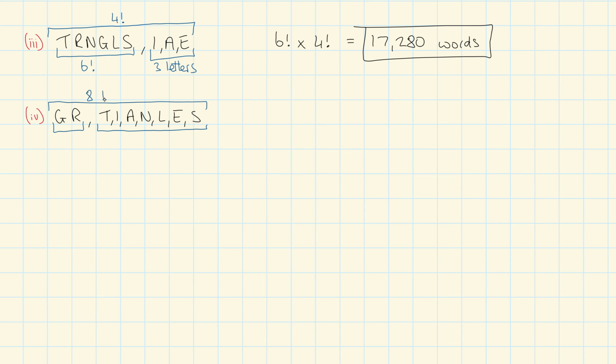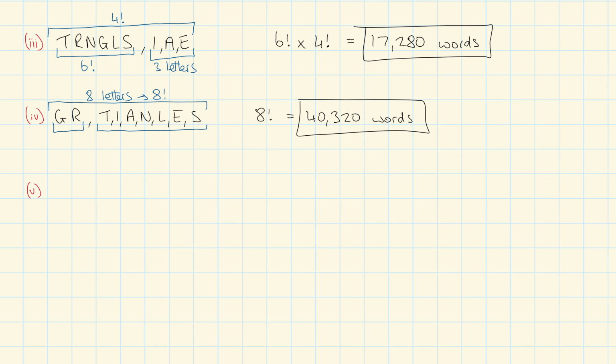So that's 8 letters, which gives me 8 factorial. Most of the time when you break the questions down like this, draw it out as best as you can in its simplest form. It usually makes the answer a bit clearer. So this gives me 40,320 words.